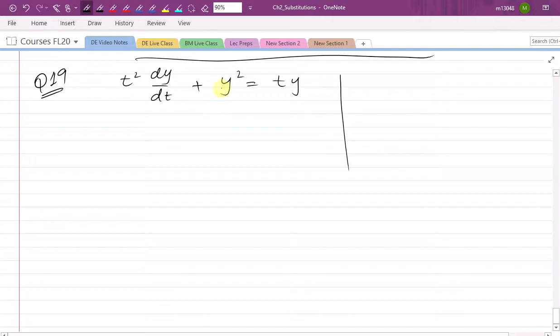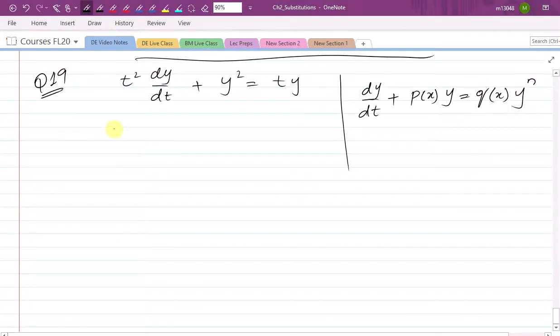That will not work if we keep it at this position. We have to move it here. The standard form says dy by dt plus p of x y equals q of x y power n. So it should be on the right hand side.